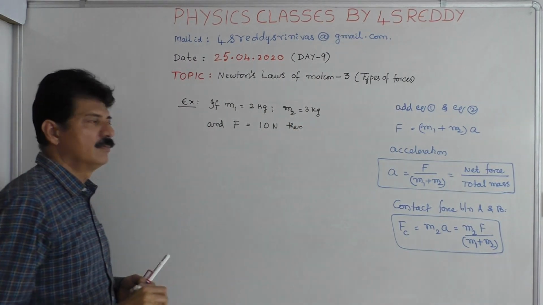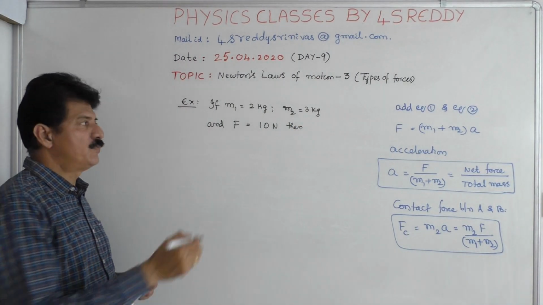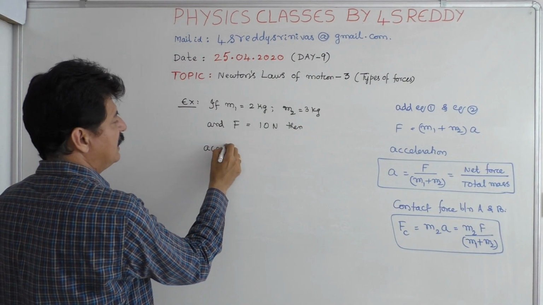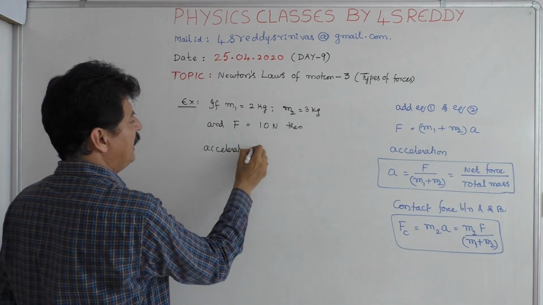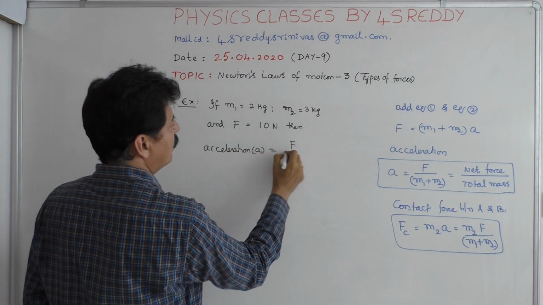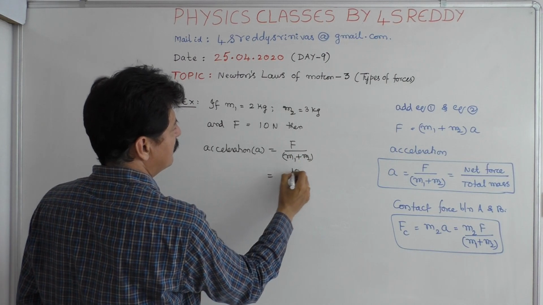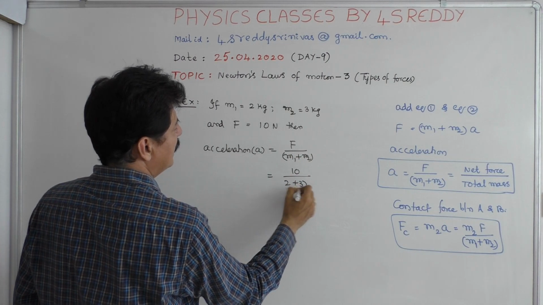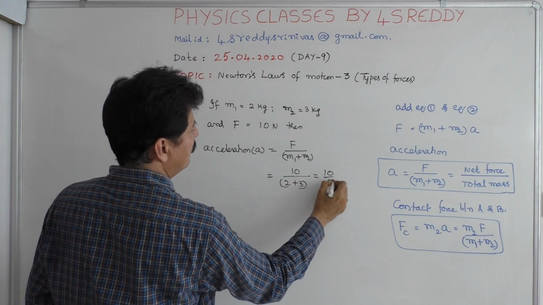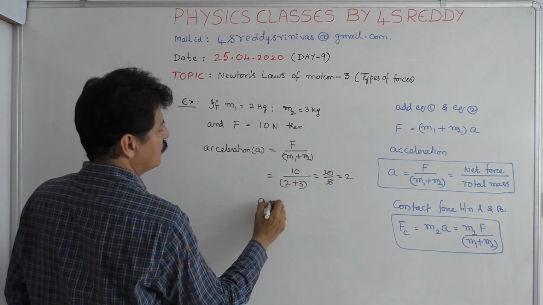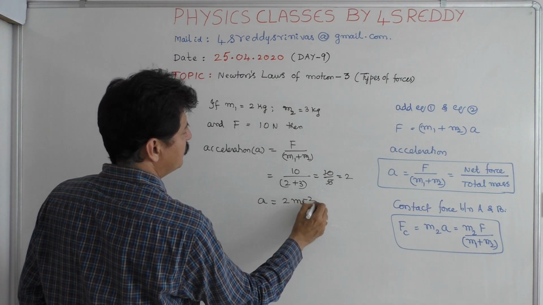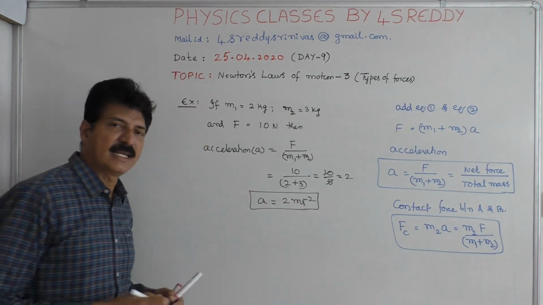If you are asked for the acceleration, then directly you get a equals net force by total mass. F is 10 by 2 plus 3, that is 10 by 5, which equals 2. So acceleration is 2 meters per second square.